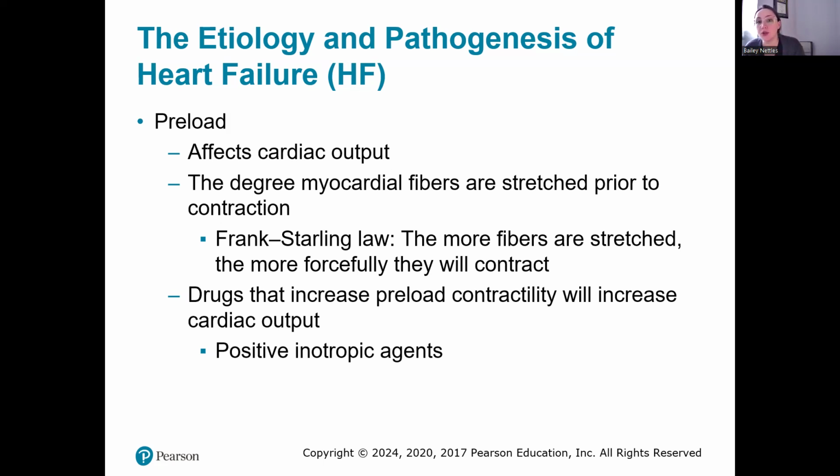Okay, so drugs that increase preload contractility increase those fibers being stretched, so they make that push easier. So when it pushes easier and contracts better, my cardiac output is obviously increased because I'm pushing so much harder than I was, and so the output from that ventricle is better. Okay, so these are positive inotropic agents.